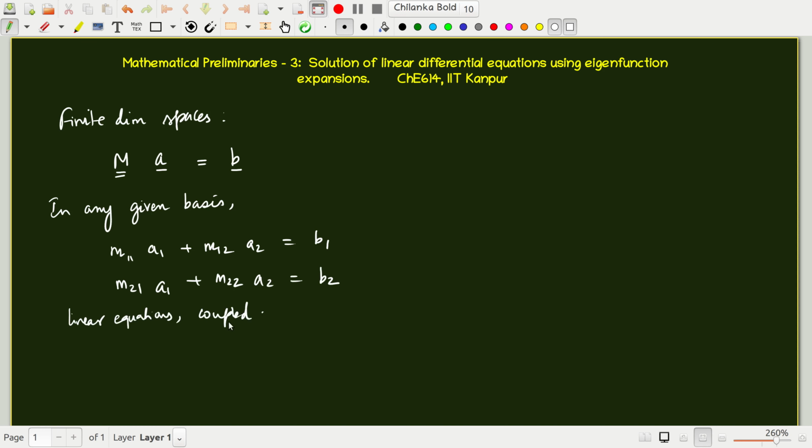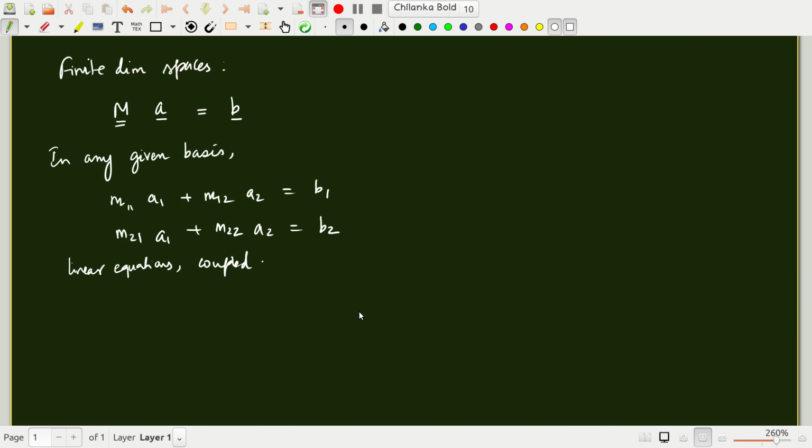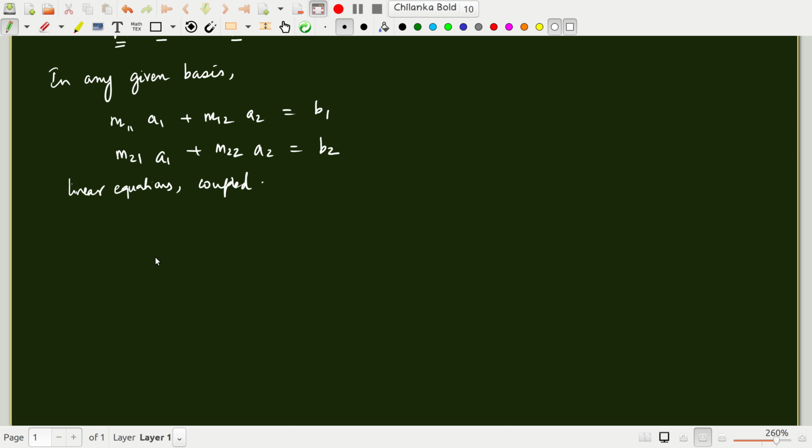Now this is the case if you have an arbitrary basis, but if you were to use the eigenvectors of M as the basis for expressing a and b, then you can expand a.